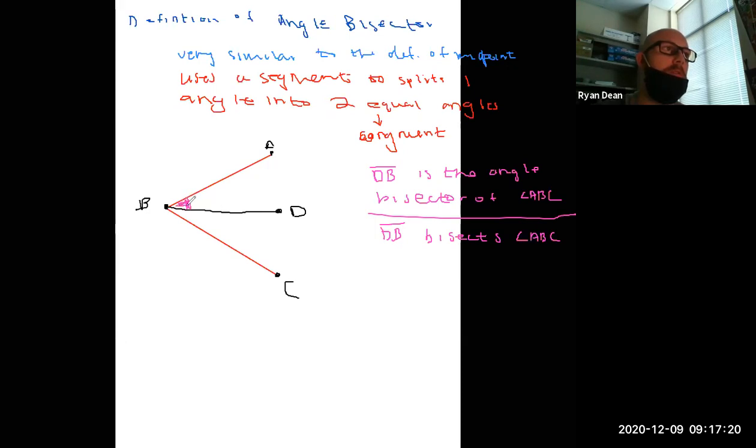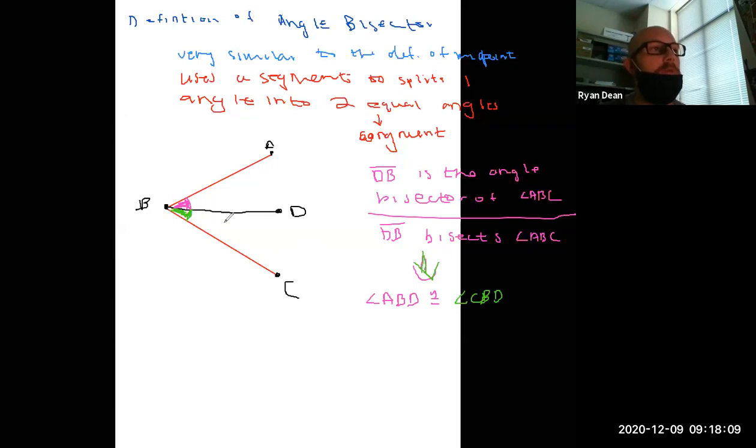It's going to make this angle here, angle ABD, congruent to angle, and it doesn't matter how you name it as long as B is the middle letter, we could say CBD. So when you see DB bisects angle ABC, that means that you do this right here. Angle ABD is congruent to angle CBD.